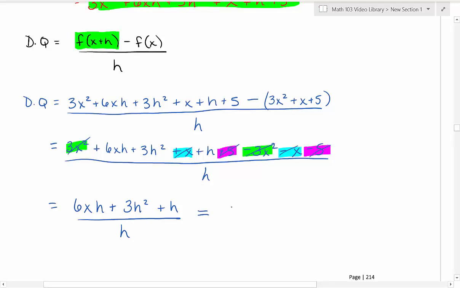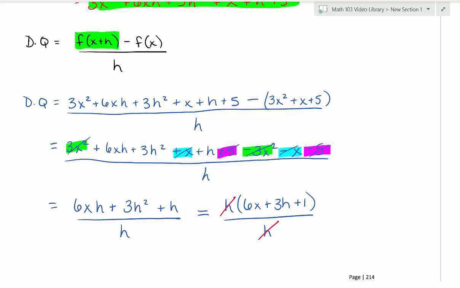Notice that there is a common factor of h in the numerator. We can factor that out, which would leave us with 6x plus 3h plus 1 all over h. Now that our numerator and denominator are both in factored form, we can cancel common factors.